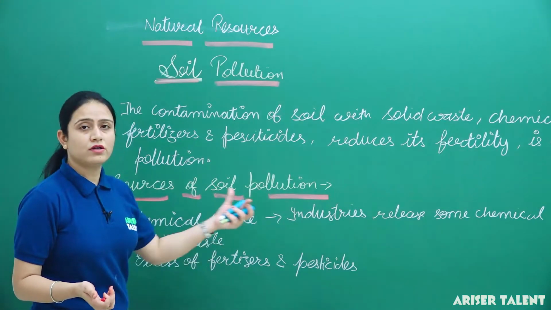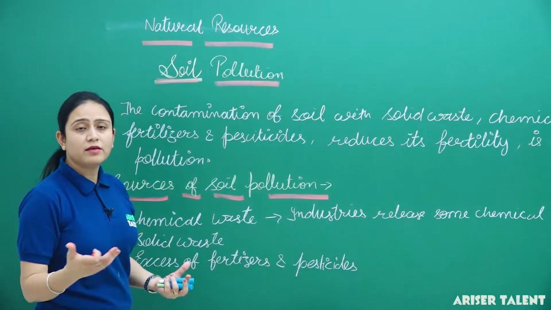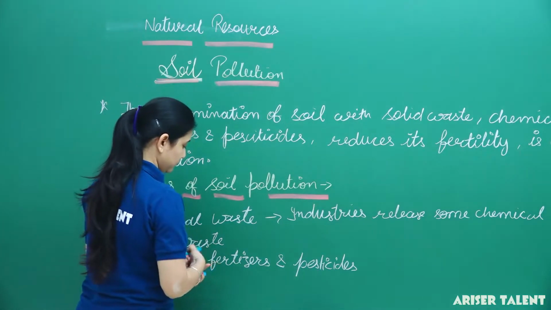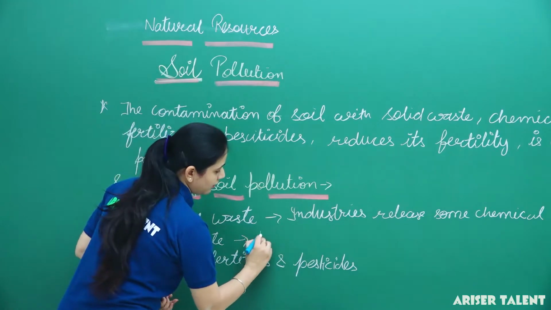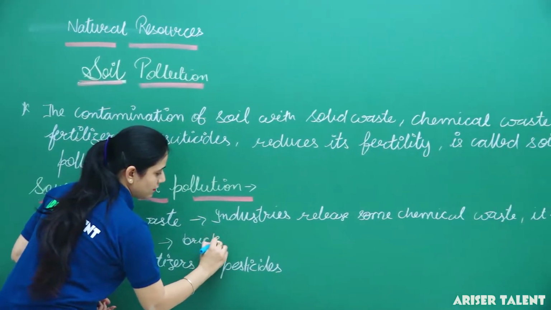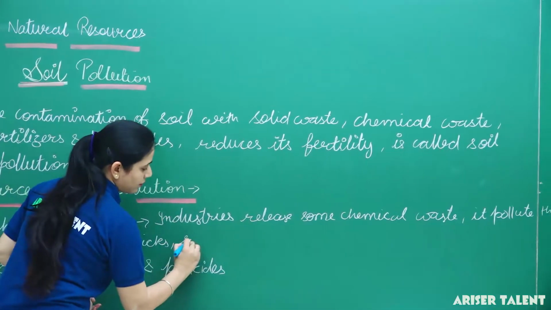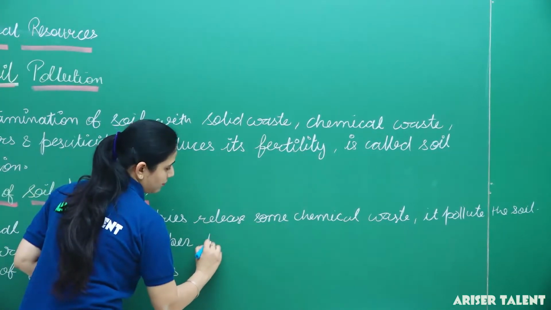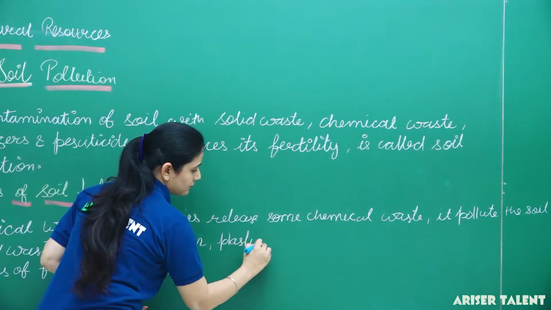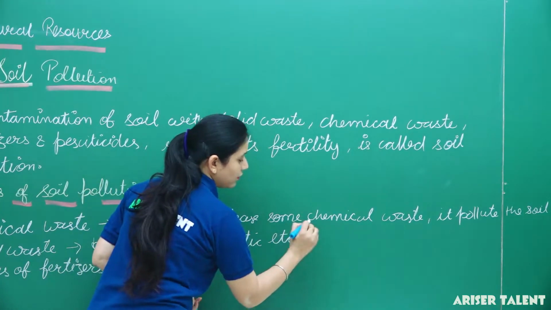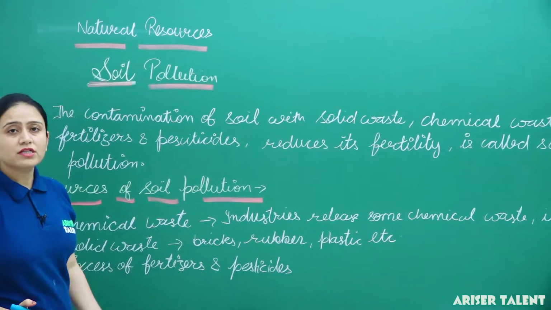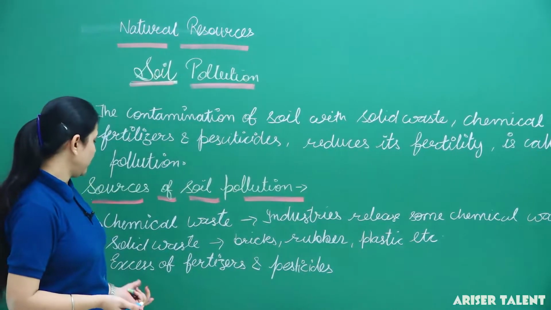When we throw these solid waste on the soil, then they pollute the soil and make it unfertile. Solid waste such as bricks, objects made of rubber, plastic, etc. Okay, when we throw these things on the soil, then they pollute the soil and make it unfertile.